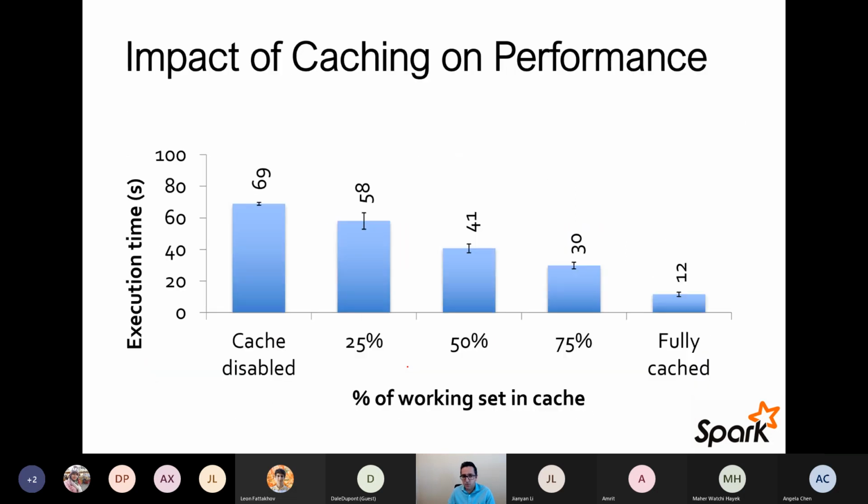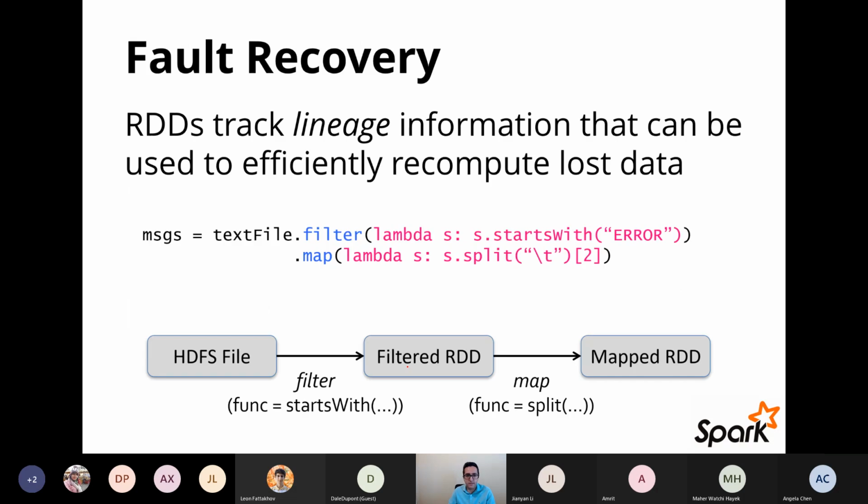So how should you use caching in your program? Well, very easy. If you reference something, an RDD, more than once, cache it, or at least see if it makes sense. It's a good candidate. The other issue we have in Spark is that we do not store stuff on disk all the time, like Hadoop, right?